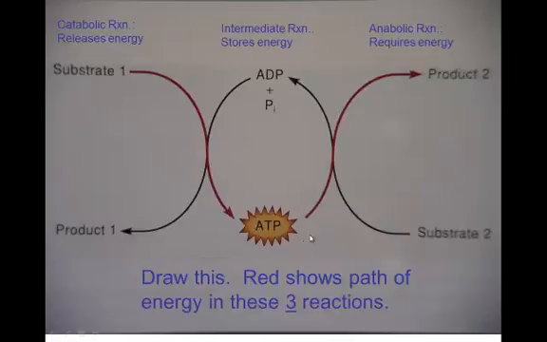ATP is then used as the energy source for anabolic reactions, and of course those are energy requiring reactions. So ATP cleaves one of the phosphate groups, forming ADP plus phosphate, and releases that energy, and it's used to produce the products of the anabolic reaction.